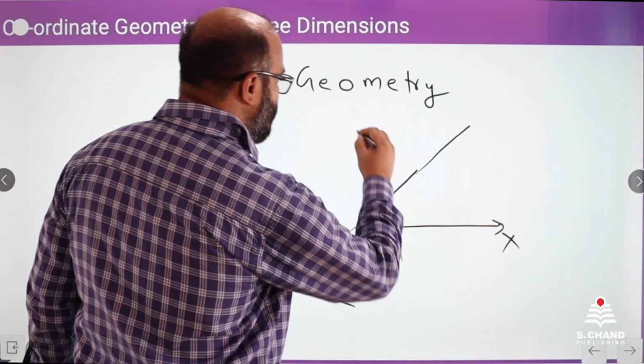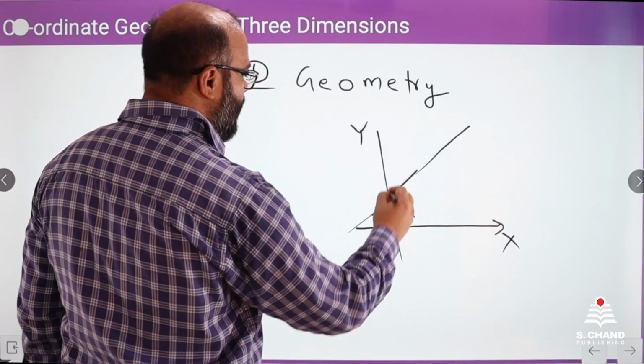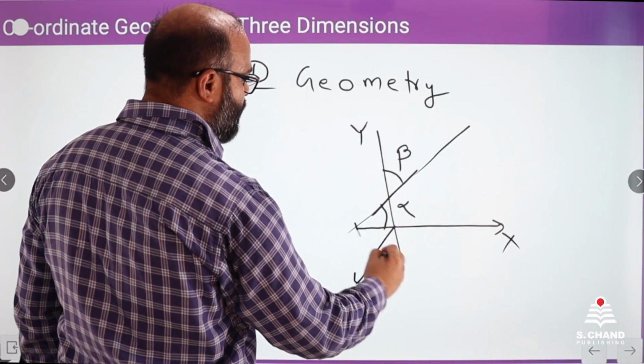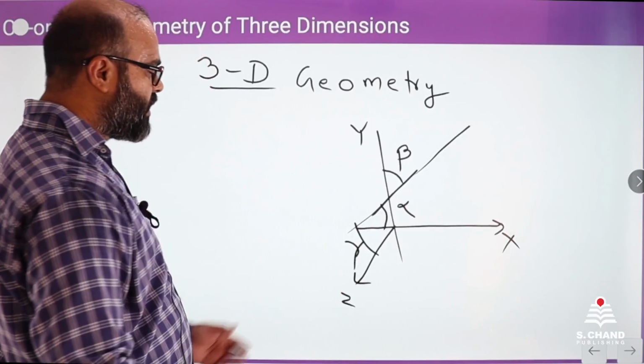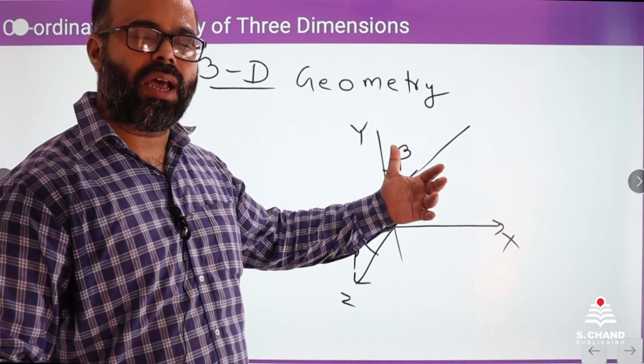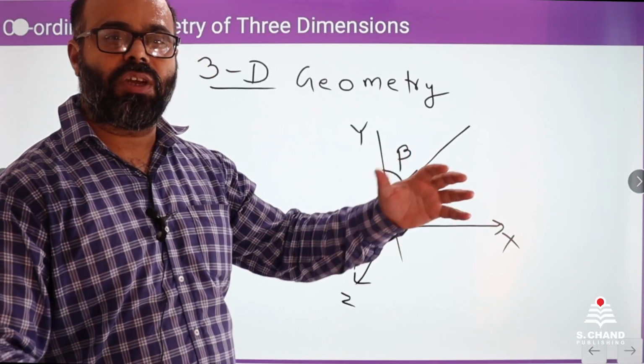The angle which this makes with the x axis may be called alpha, with the y axis may be called beta, and with the z axis may be called gamma. So the axis is actually protruding out of this plane and it is a 3-dimensional figure which I can't draw on this plane, but this is a spatial figure.